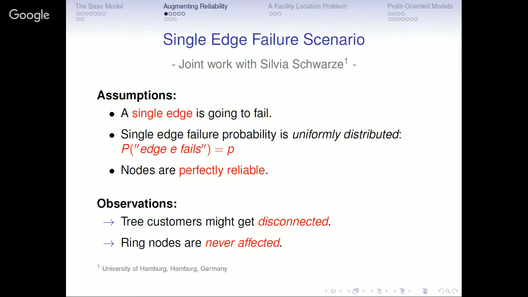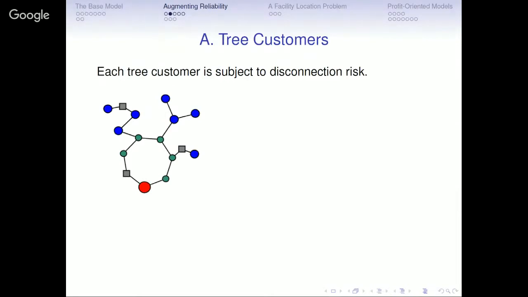Then we see that the tree customers might get disconnected, right? In this case, which is going to happen, one edge fails. The tree customers are the ones we have to take care of. The ring nodes are never affected. So let's look at this example solution here. And we know that each tree customer could just get disconnected because one of the critical edges fails.